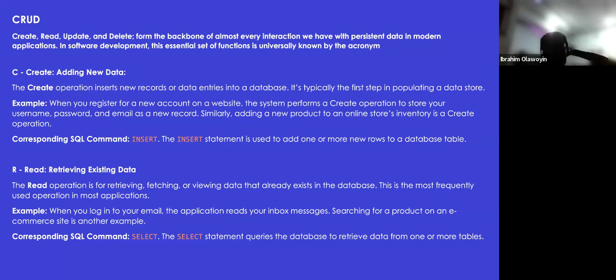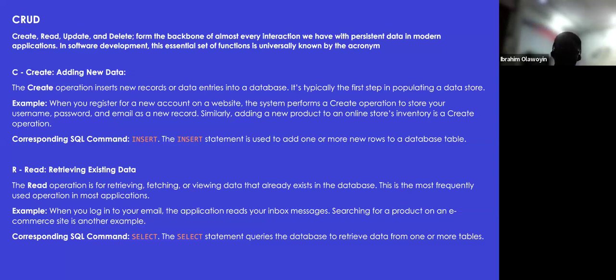Another thing we should also inspect as a functionality of a database, particularly a relational database, is read. Read allows us to retrieve existing data, like scrolling on your social media or social application feeds, or clicking on your profile page and viewing your data, your record on the page.